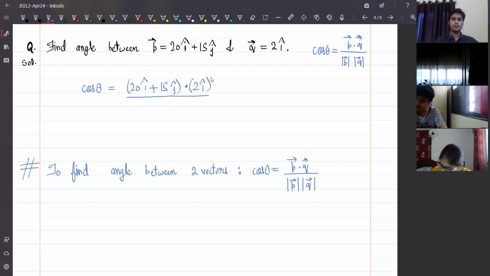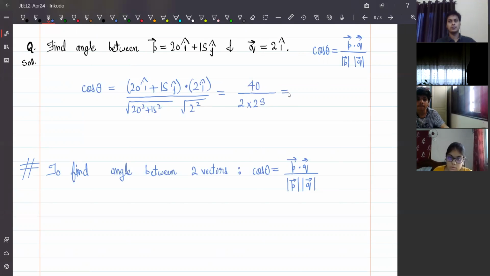What's the value of cos theta? What's the value, Nirmit? Cos theta? 4 by 5.